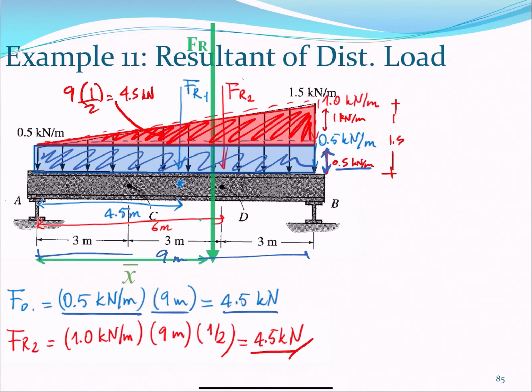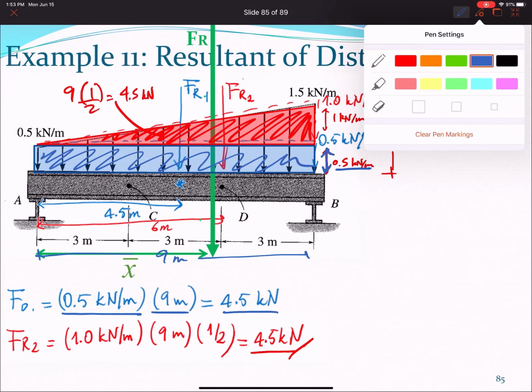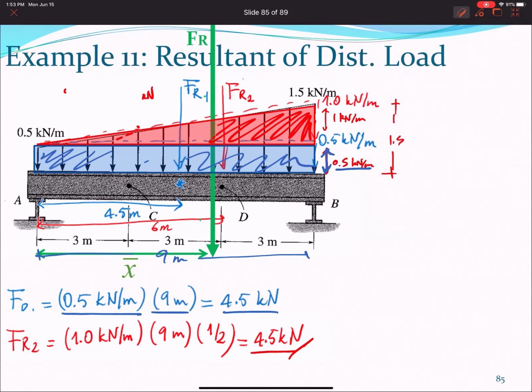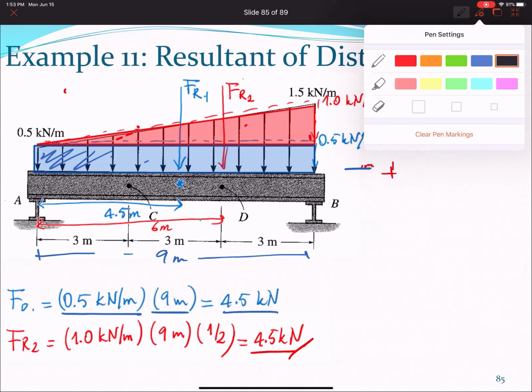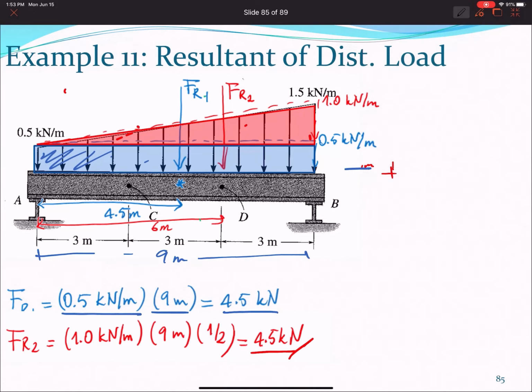Now, the distance of the two. Let's see the location of these forces. For the triangle, the centroid is going to be at 1/3 of the base.